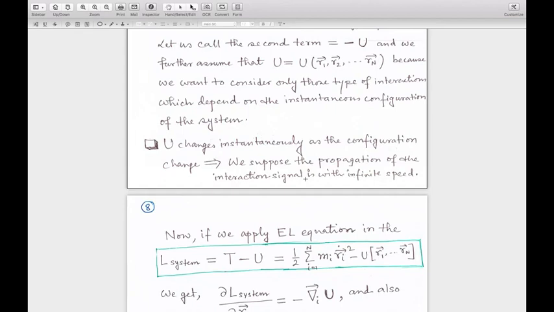That means it is immediate that the system is receiving the information about the change of the configuration. That's why we say that this is an ideal assumption. As you know, no information can propagate with a velocity greater than the speed of light in vacuum. So the assumption we make here is idealistic, but for the time being we will assume that.